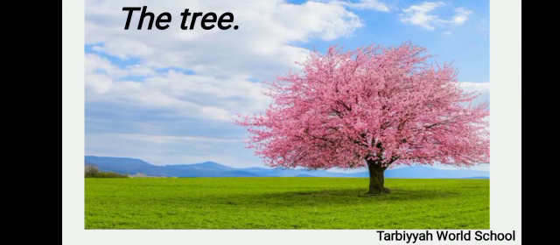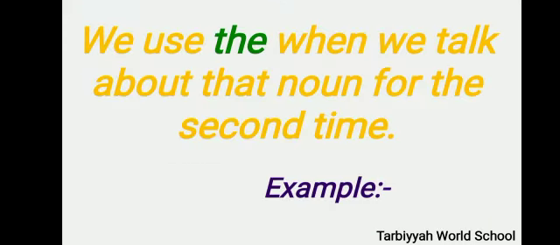For example, the tree. So here we put the before tree. Why? Because we are talking about a particular tree. Okay? Now see, we use the when we talk about that noun for the second time.